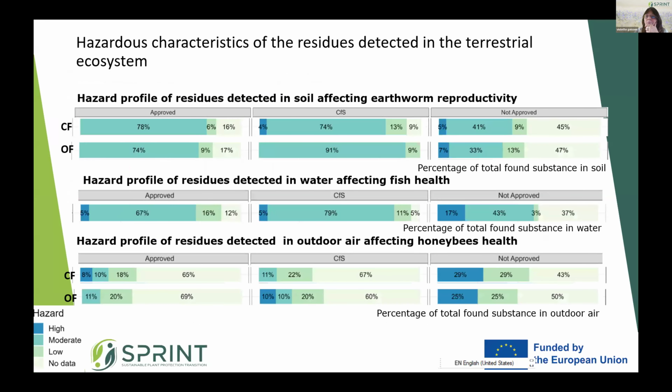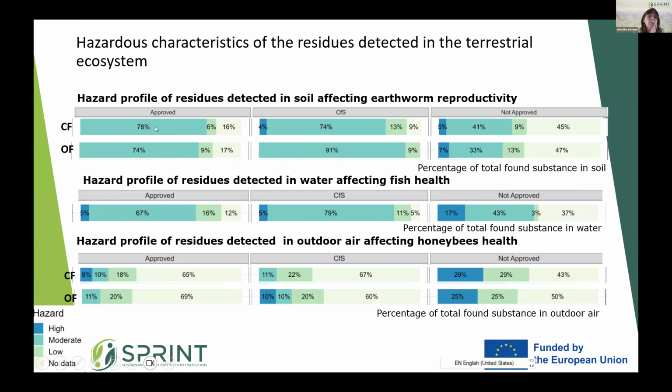What about the potential hazard? We were checking the PPDB hazard characteristics of the residues detected in the terrestrial environment. Here as well, CF, conventional farms or integrated farms, OF, organic farms. What we could see here, we have looked at the approved ones, the candidates for substitution, and the non-approved ones. And in the row above, you can see what is important for us, the soils.